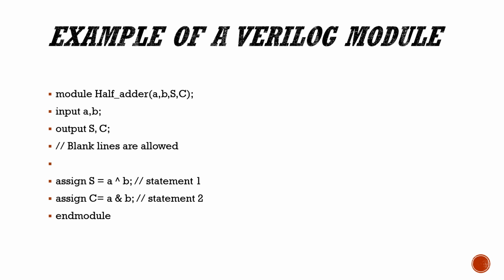Assign S equals A XOR B computes the XOR operation between the variables A and B, and assign C equals A AND B computes the AND operation between the variables A and B.